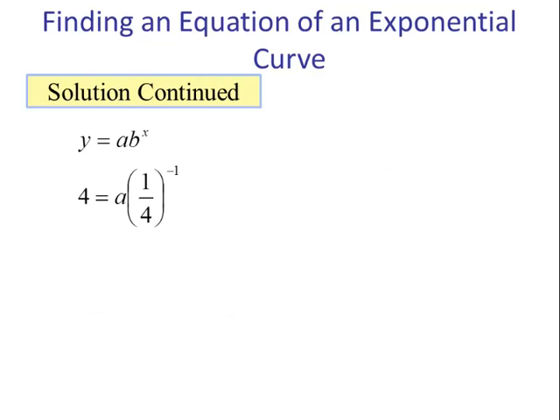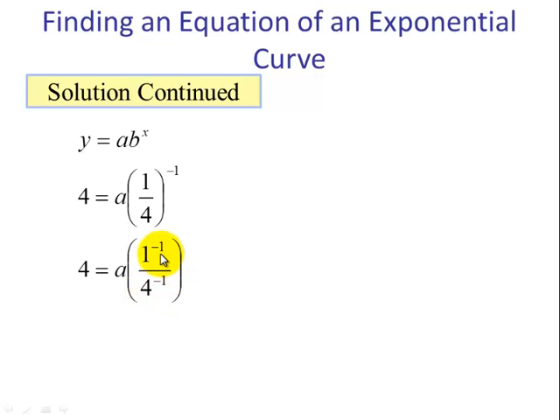To find a, we substitute the value in for b. We pick a point. I'm using the first point. X is negative 1, y is 4. Using our properties of exponents, this becomes 1/4 to the negative 1 power. So the 1 will be sent to the denominator, the 4 will be sent to the numerator.